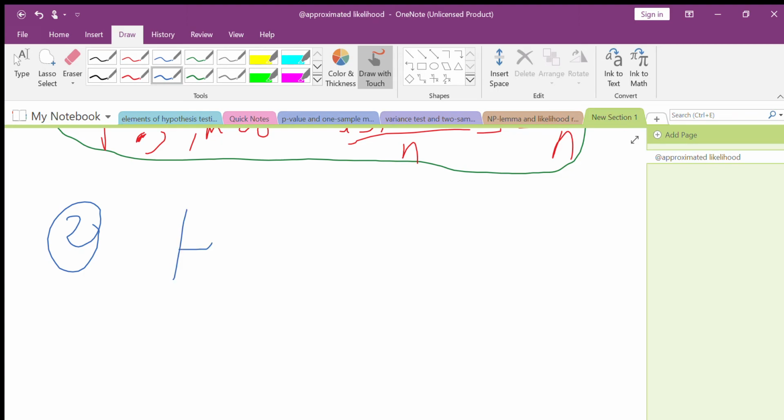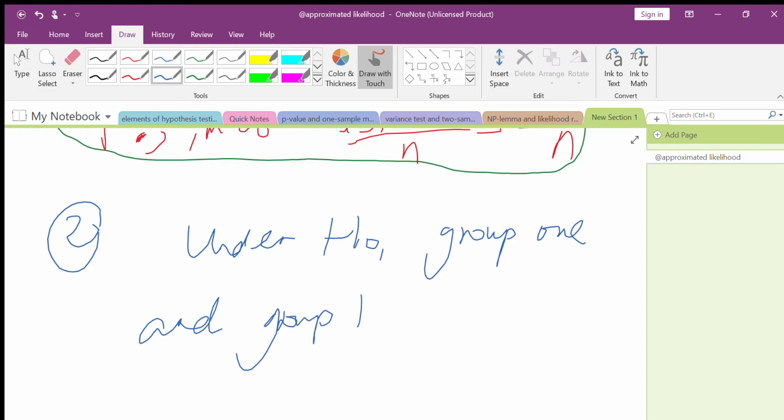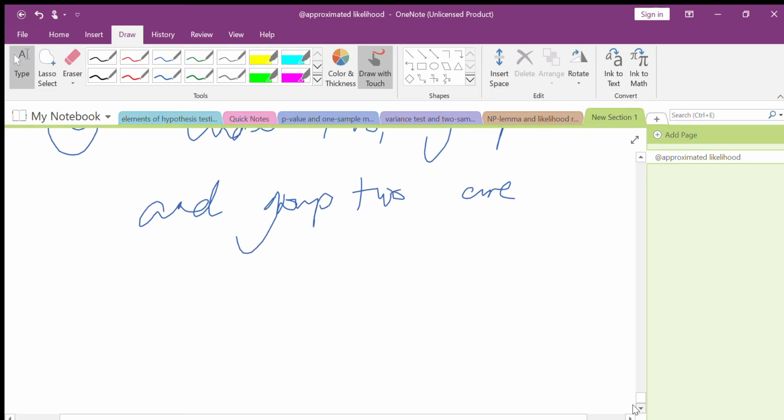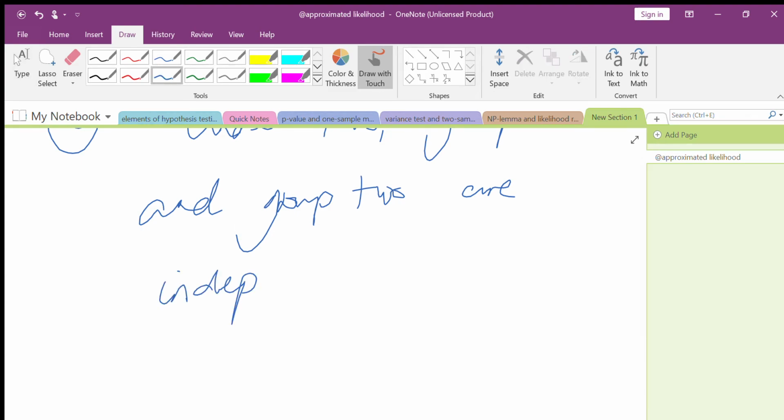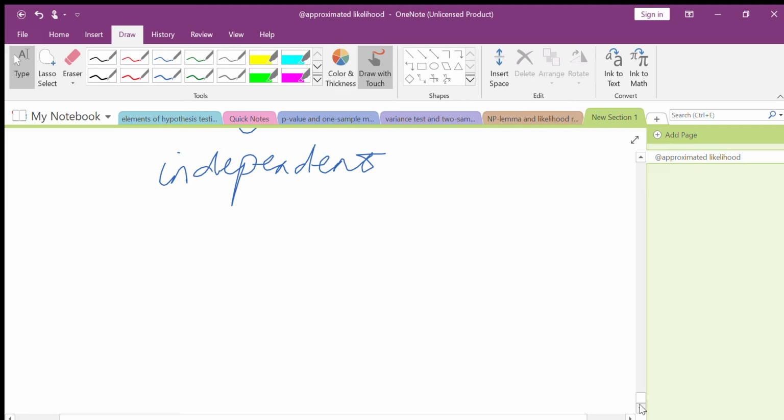So under H null, group 1 and group 2 are independent, which means pij equals pi dot times p dot j.